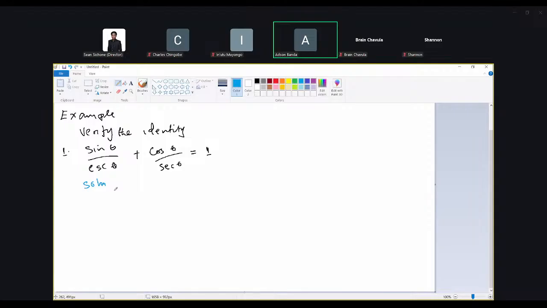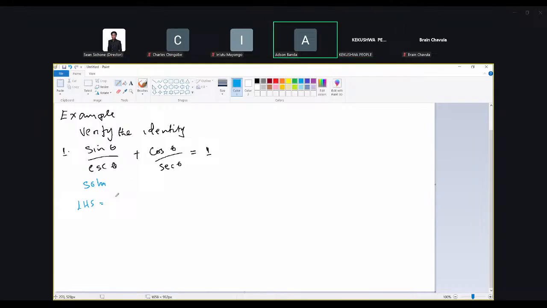So you start with either the left-hand side and get the right-hand side, or you start with the right-hand side and get the left-hand side. So now, let's see what we have from the left-hand side.